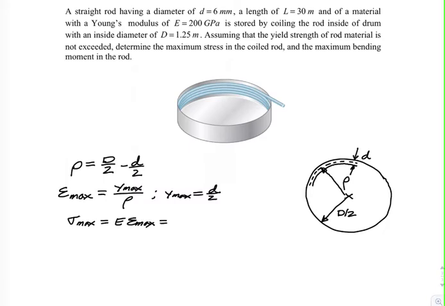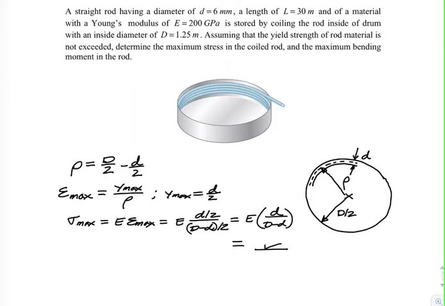So that's going to be equal to E times d over 2 divided by D minus d over 2. This simply becomes the ratio of d to the difference between the two diameters, all multiplied by E. So we have all the information that we need, so we've got sigma max.